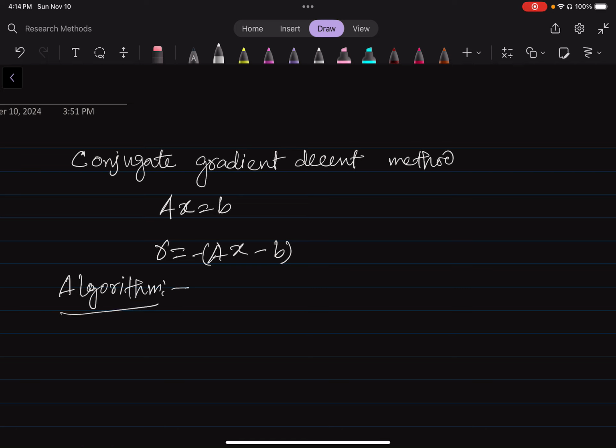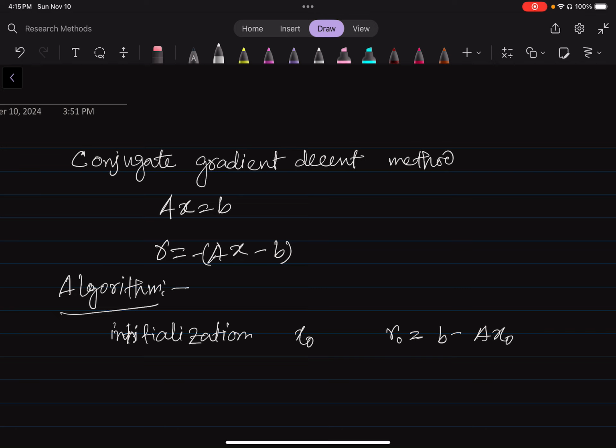So the algorithm is as follows. First we initialize our first point, x naught, and compute the initial residual, r naught = b - A x naught.